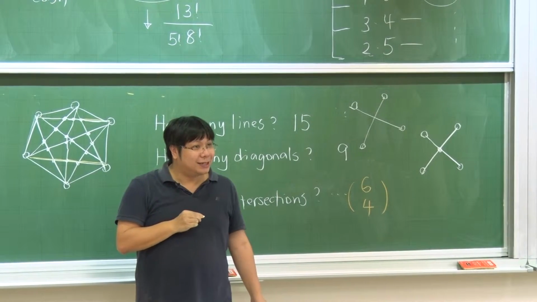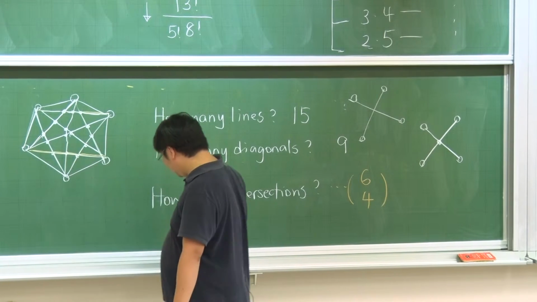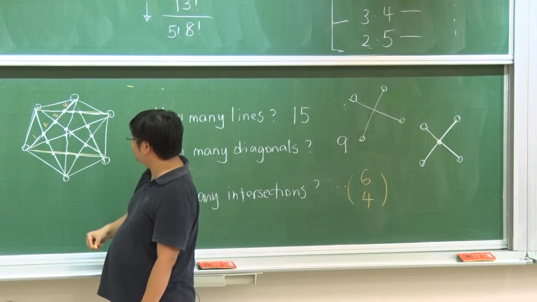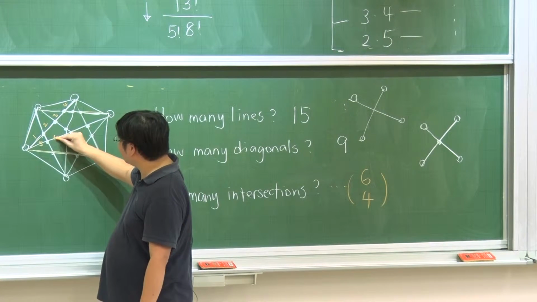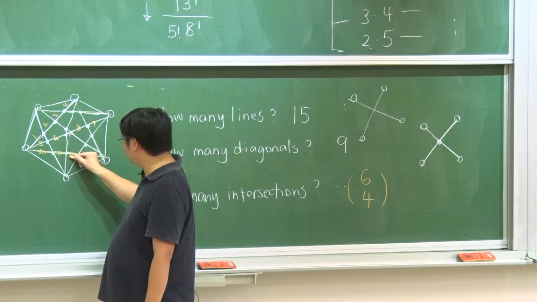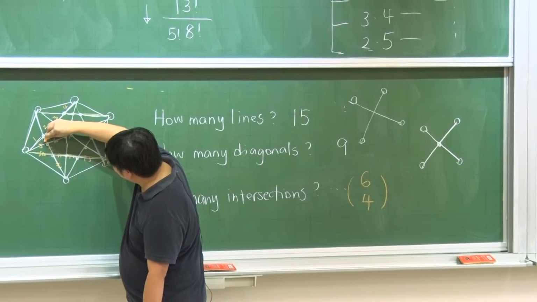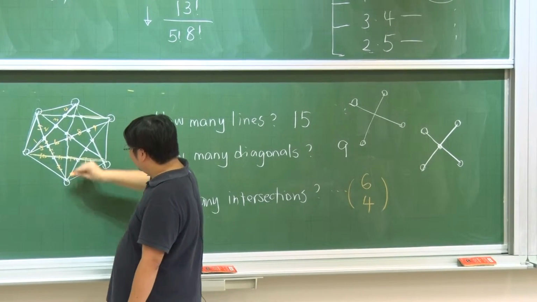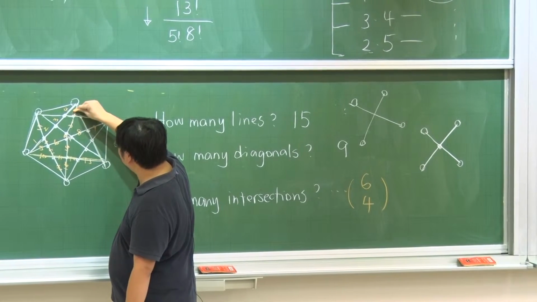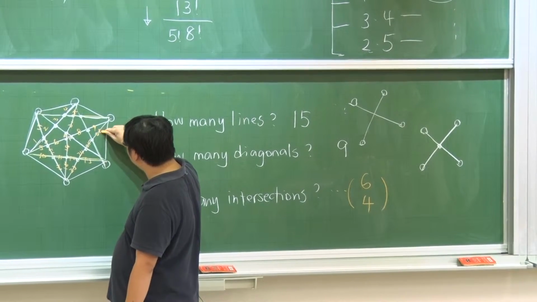Do you understand my point? How many line segments are divided by these intersections? So you can think of this as 1, 2, 3, 4, 5, 6, 7, 8, 9, 10, 11, 12, 13, 14, 15, 16, 17, 18, 19, 20, 21, 22, 23, 24, 25, 26.